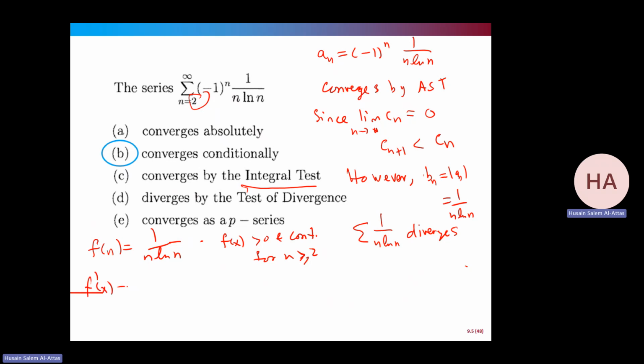Let me do it quickly. No need to do the absolute value.